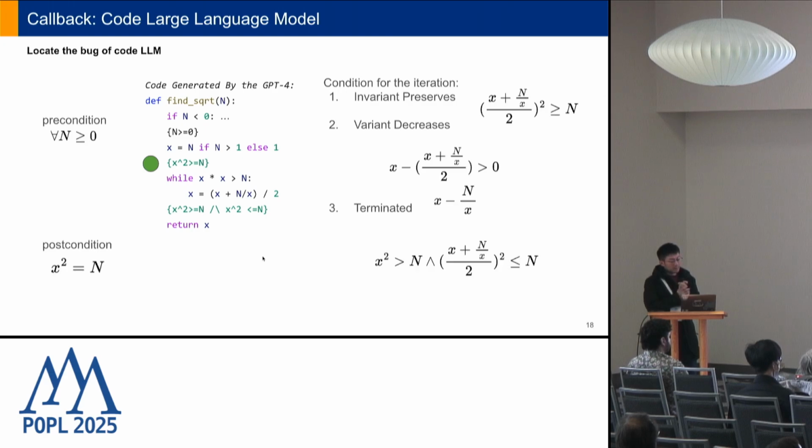It also can be verified. The last question is whether it can terminate. As I said before, because x squared is larger than n, the new x is always larger than or equal to n, which means the new x always satisfies the while loop condition. So it will never terminate, which means the program is incorrect.